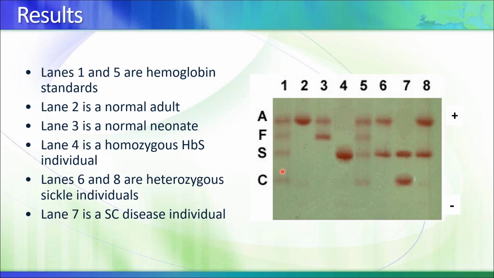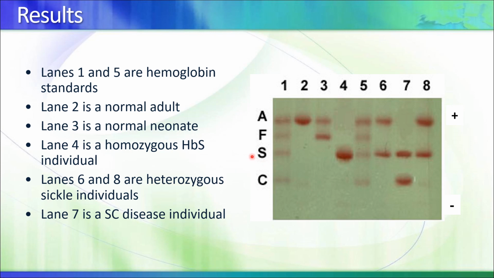So why is it the case? Why is it that you have this different migration pattern? Well, remember with C, what you have is a mutation of glutamate to lysine. So you have a loss of one negative charge and an addition of one positive charge, and that's why it travels closer to the cathode.